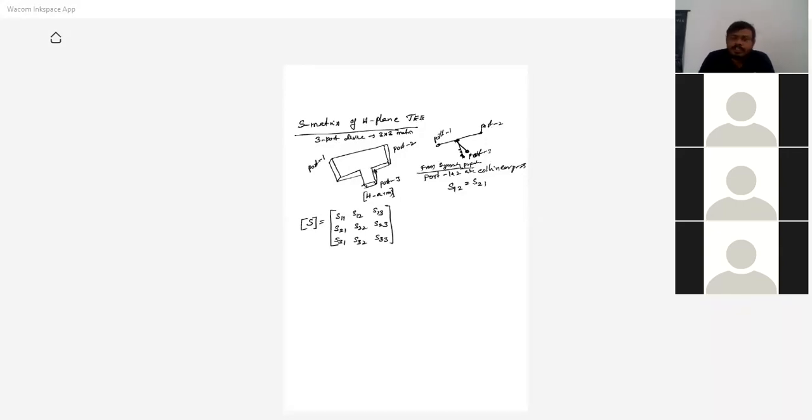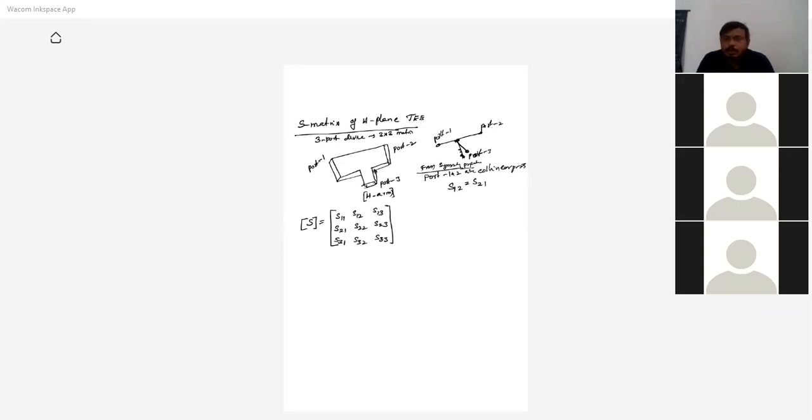Now, based on the properties of the H plane T, we can see how these parameters are linked. S11 indicates the relation of port 1 only, so input power and reflected power. S12 shows the relation between port 1 and port 2. S13, port 1 and port 3. S21, 2 and 1. S22, the same port.